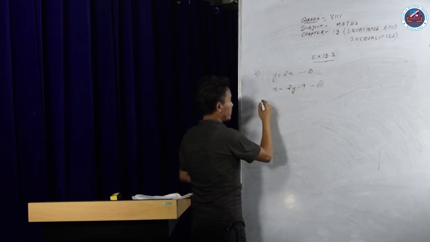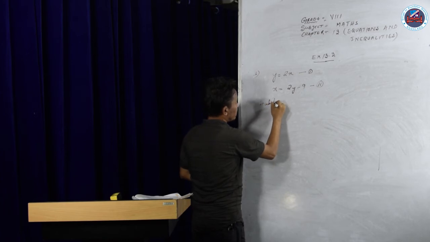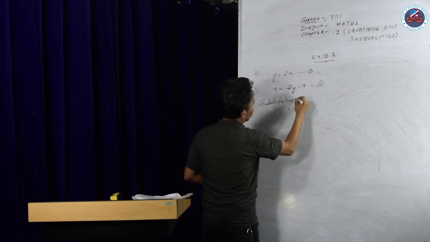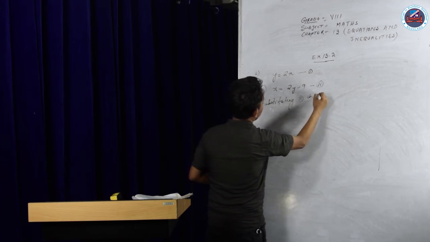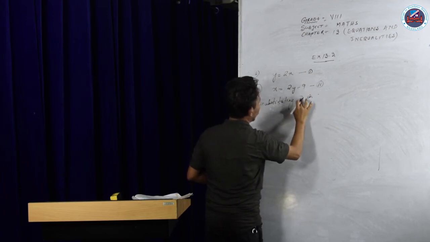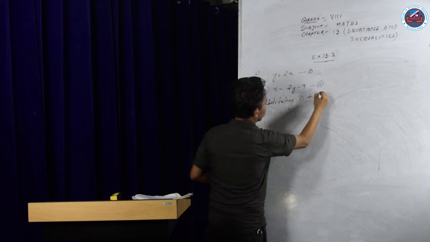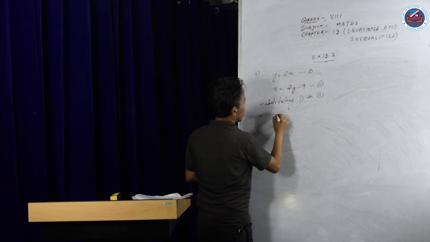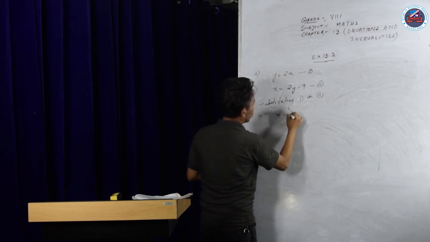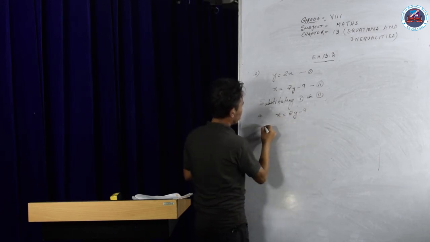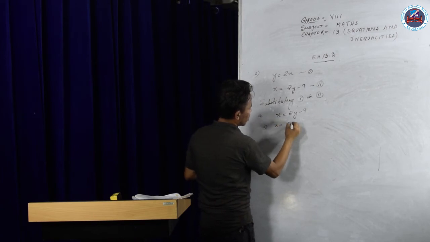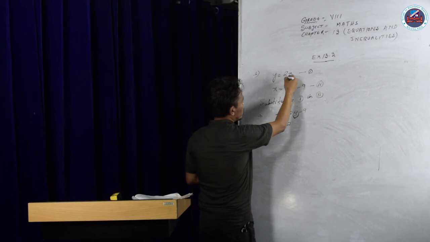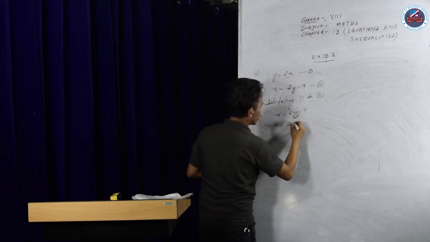So what I will do here is substituting 1 in 2. Here we have x equals 2y minus 9. x equals 2, instead of y, I can put 2x.